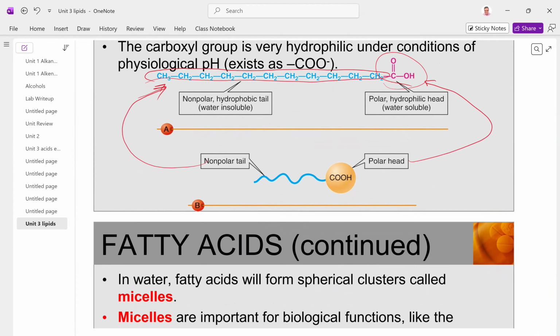So fatty acids are very unique compounds because they have two parts to them. They're neither polar nor nonpolar.